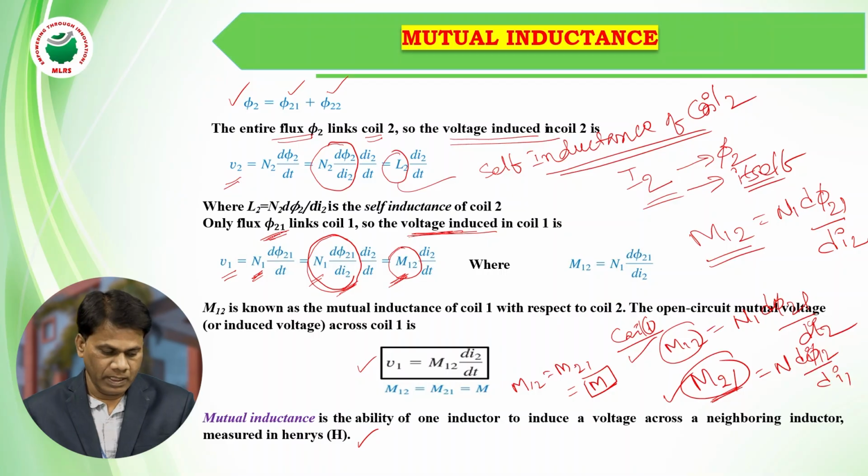So this is about mutual inductance. How is mutual inductance produced? Mutual inductance is the phenomenon in which the current in one coil produces EMF in a second coil, thereby opposing the change in current in coil 1. That we call the mutual inductance of two magnetically coupled coils.